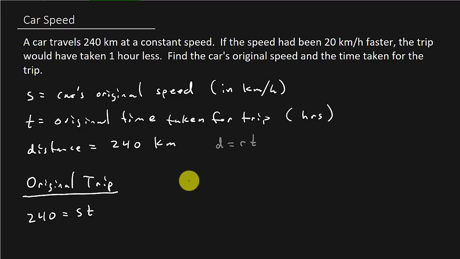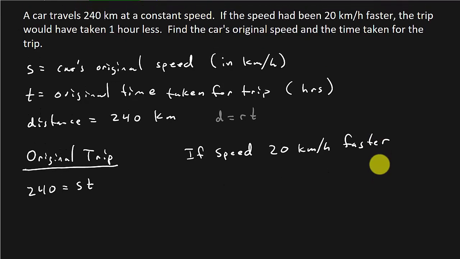Now let's look at this. It says if the speed was 20 kilometers per hour faster. What would that mean? The speed would have been S plus 20 kilometers per hour.